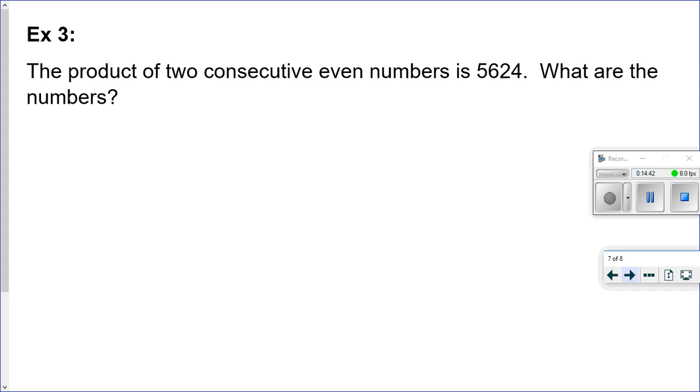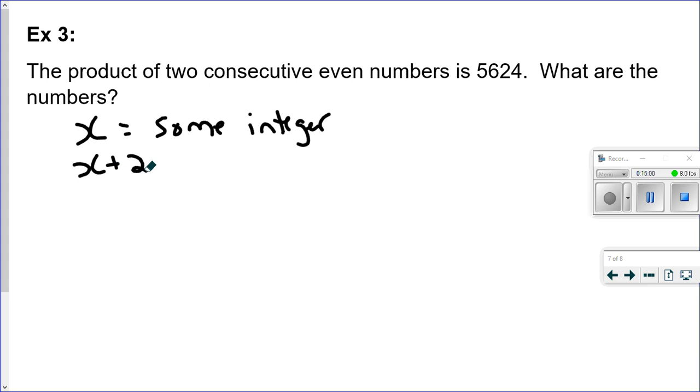The product of two consecutive even numbers is 5624. So I'm going to use x. Okay, so it's the sum.